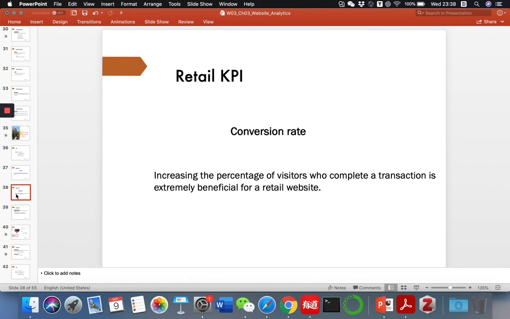So increasing the percentage of visitors who complete the transaction is extremely beneficial for retail websites because it's pretty straightforward. Transaction means deal, deal means revenue, revenue means profit.